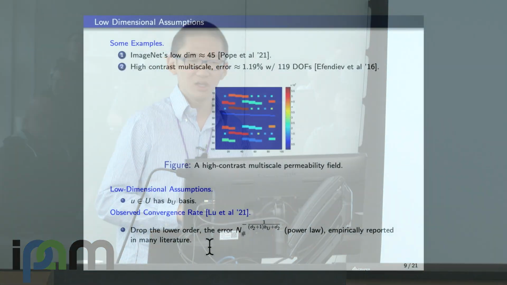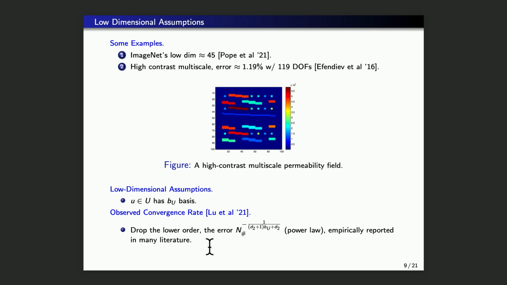But again, we don't want to focus on a specific PDE. Secondly, this assumption should be okay for many scientific computing problems. So what are these assumptions? The assumptions I think we want to use most are a low dimensional structure assumption or some finite dimensional structure assumptions.